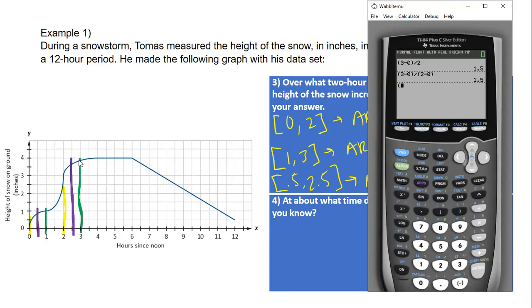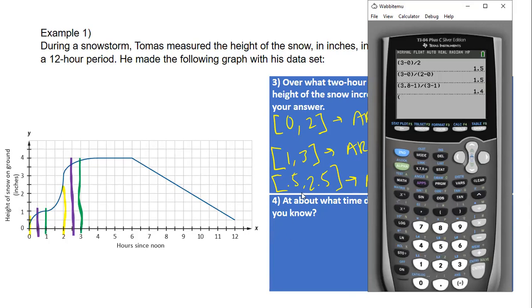And the value at 3, I'm going to say is like 3.8. And then the value at 1, I'm going to go to 1. The value is 1. Change in my y divided by the change in my x, which is 3 minus 1. I hit enter, and that's its average rate of change.